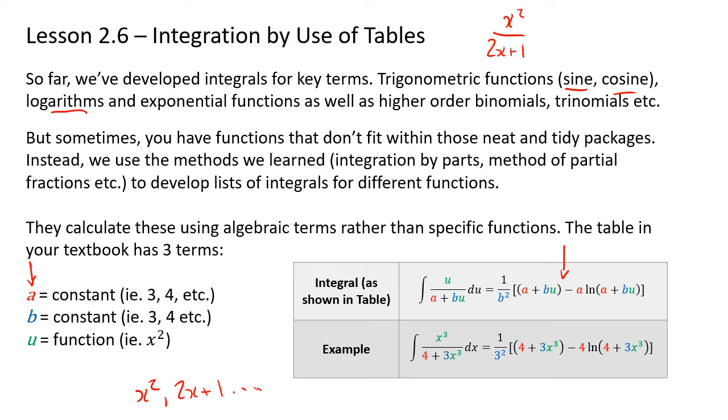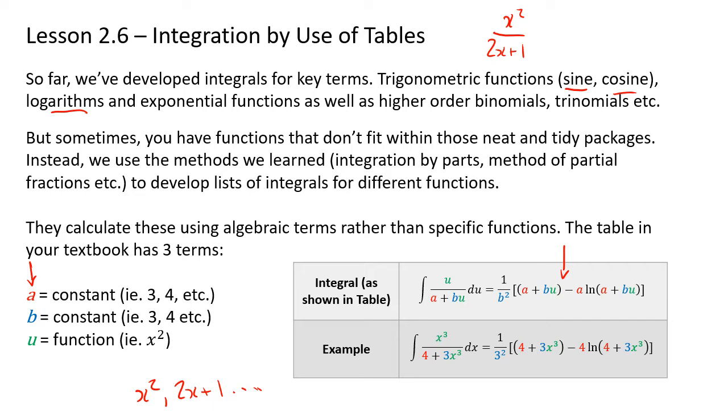So the key aspect of this question, there are 2 parts to it. The first part is looking at it and identifying which integral it falls under from the tables. The second part is identifying each part: the a, the function u, and the second constant b if it's applicable.